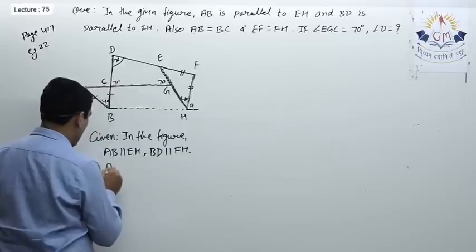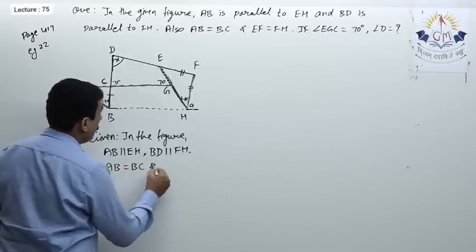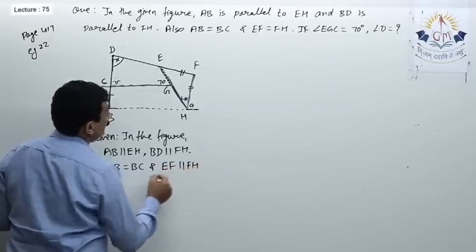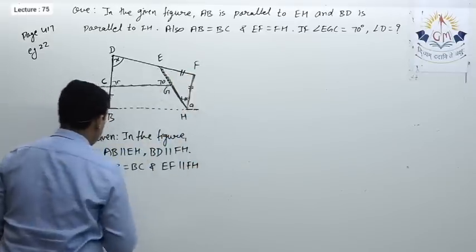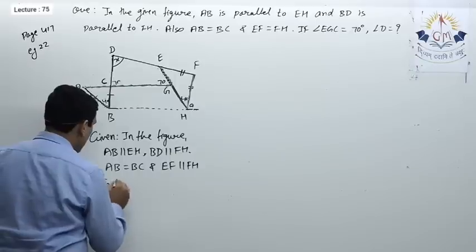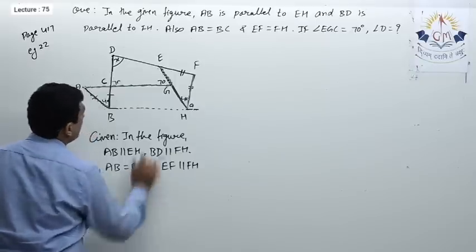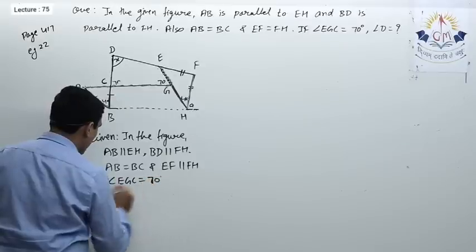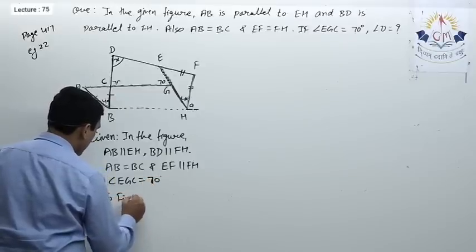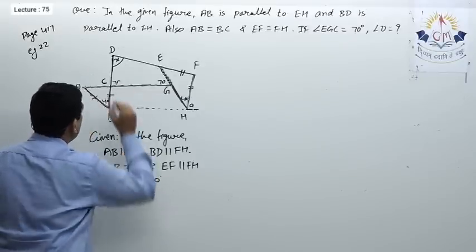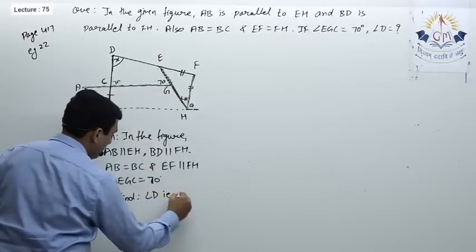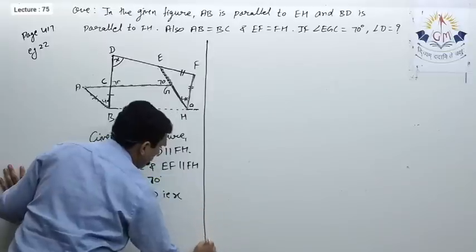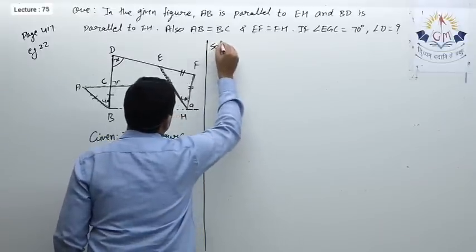Also it is given AB is equal to BC and EF equal to FH. Also one thing is given, that angle EGC is equal to 70 degrees. What we have to find is angle D, that is X.